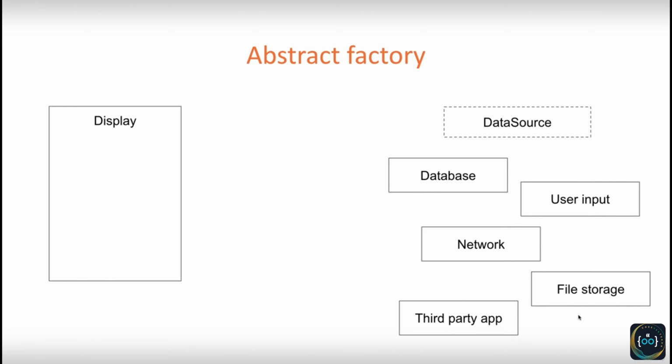Which one we use doesn't really matter from the point of view of the user, which in our case is going to be the display. The display doesn't really care where it gets the data as long as data is retrieved in the way that it wants. So in this case, we can have a data source factory, which is a higher level abstraction, which gives us the data source, whatever that data source may be.